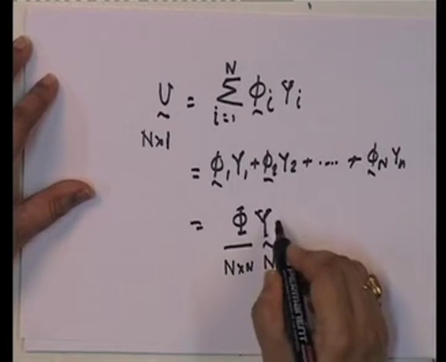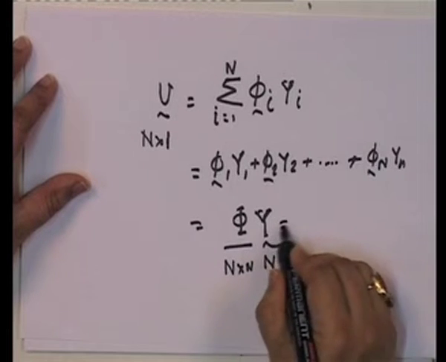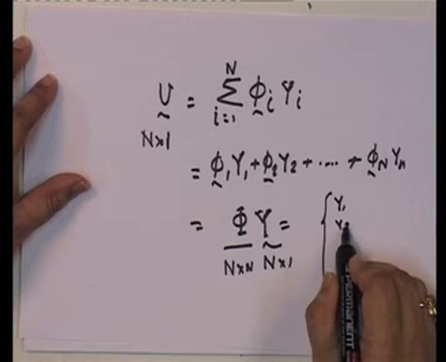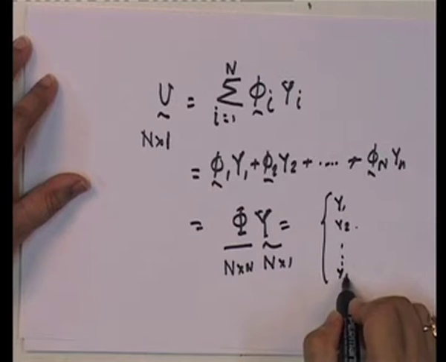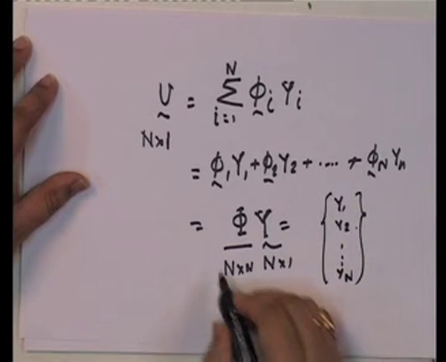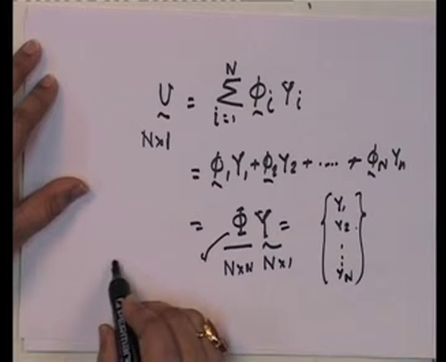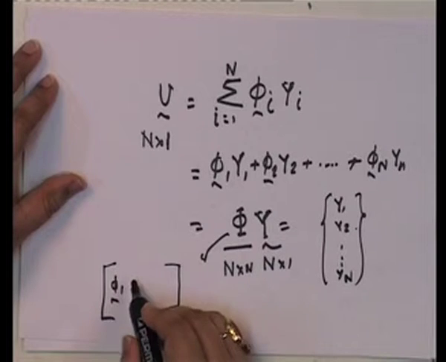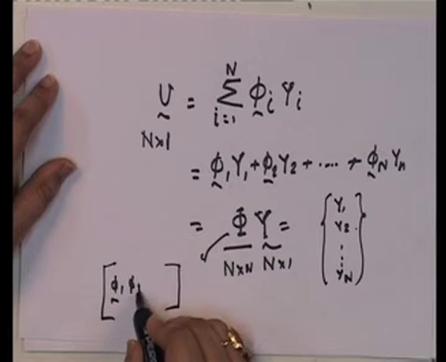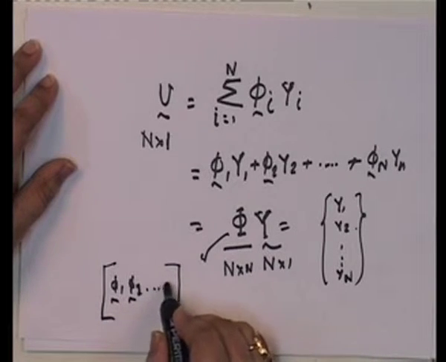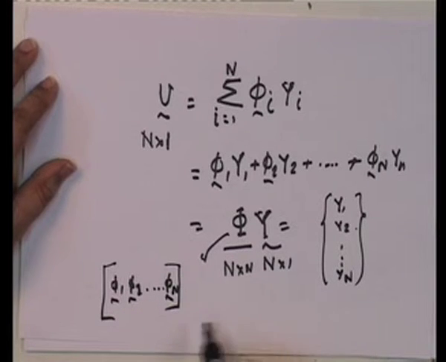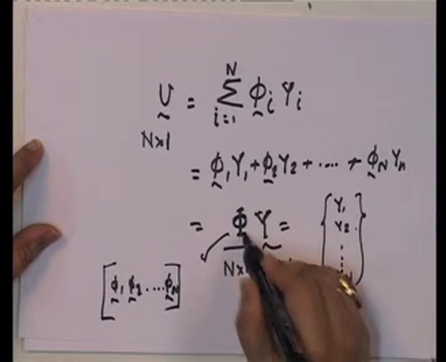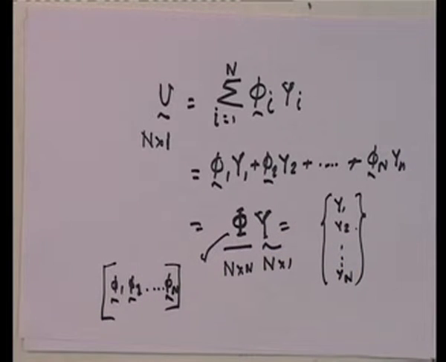What is this vector? This vector is the vector of the modal amplitudes. What is this? This is a matrix whose columns are the mode shape vectors.